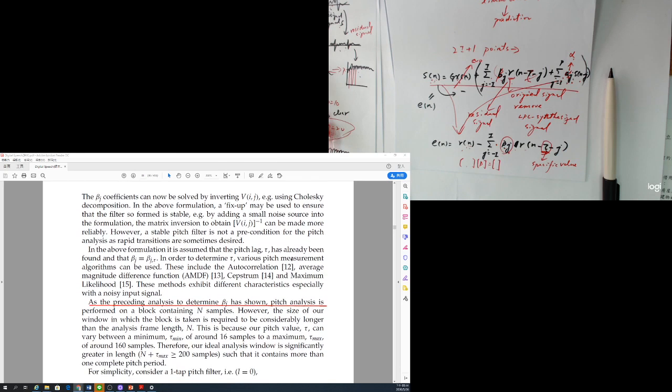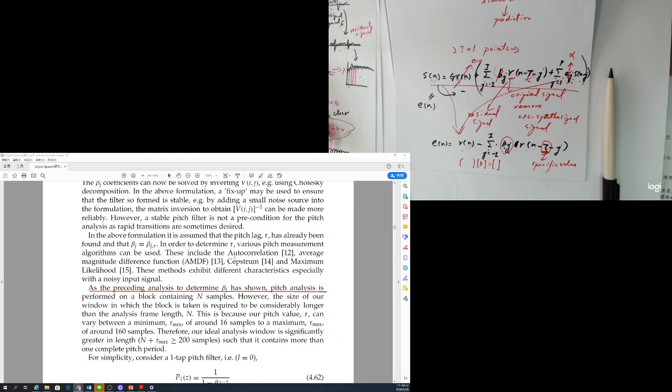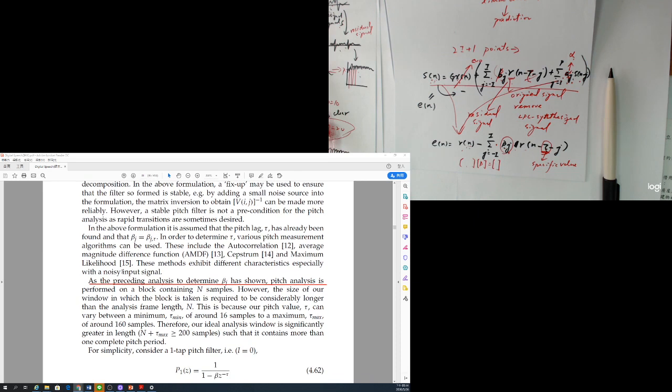Another approach is to try to find the pitch. In order to determine the tau, you can use different ways: autocorrelation, average magnitude difference, cepstrum, or maximum likelihood. Try to find the tau first.